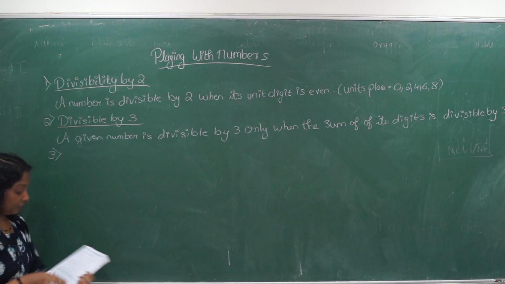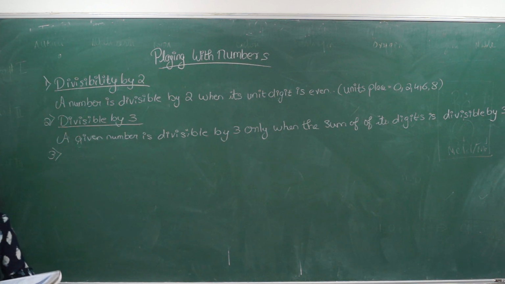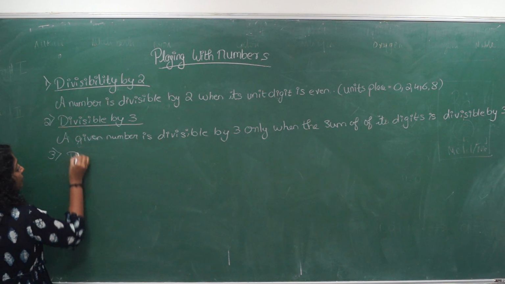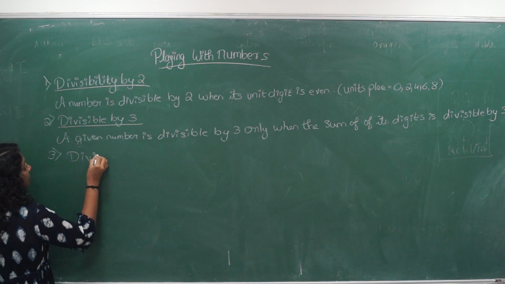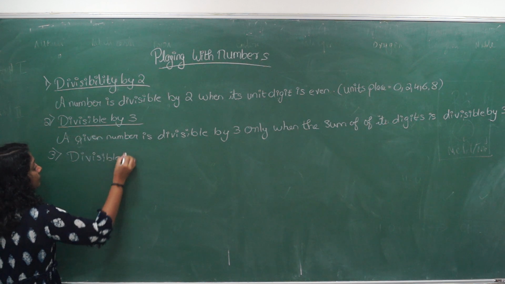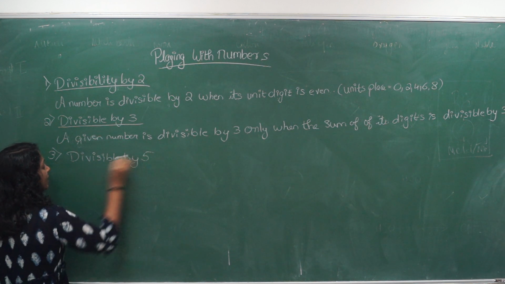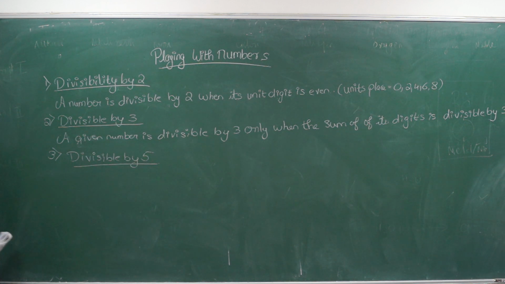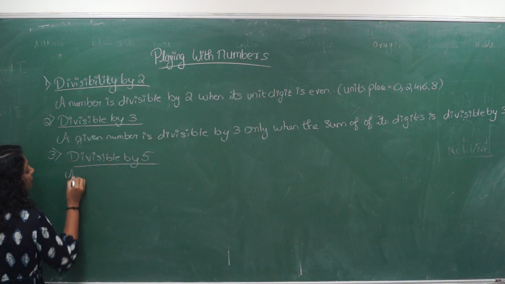Now the third one is divisibility by 5. This is easy. The units digit should be either 0 or 5.